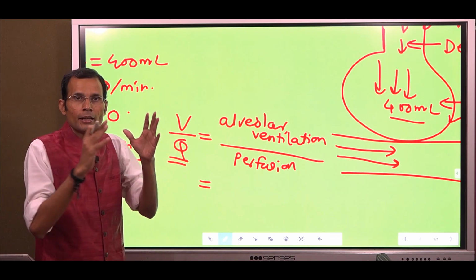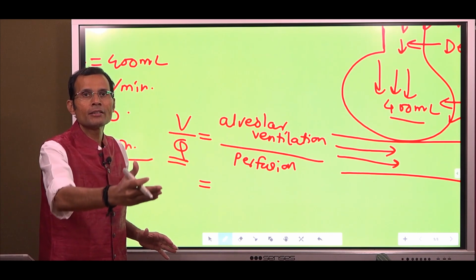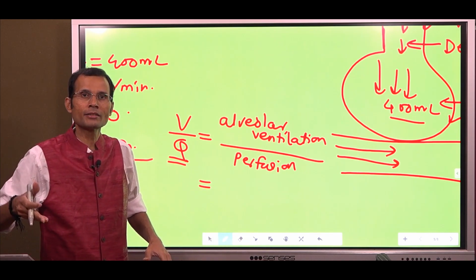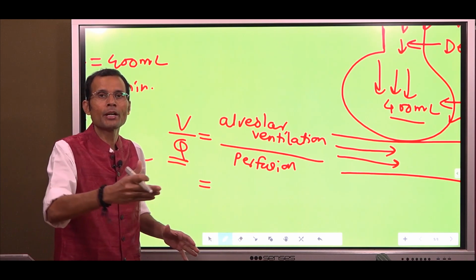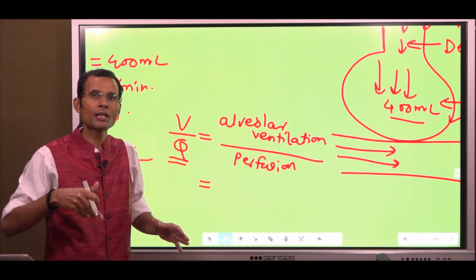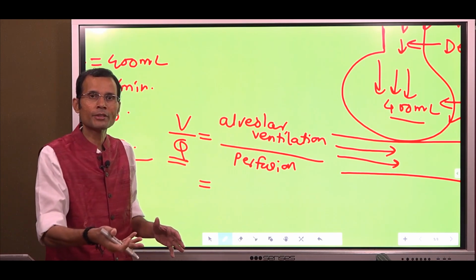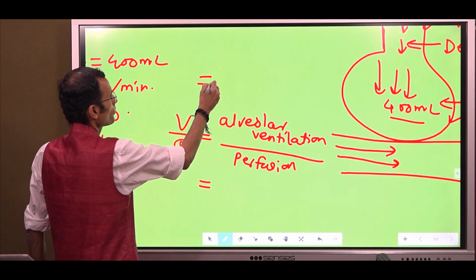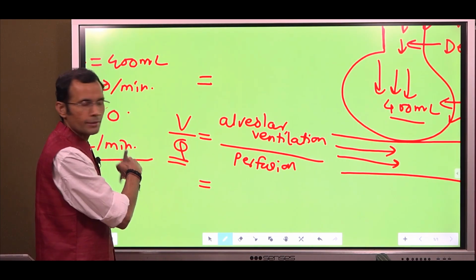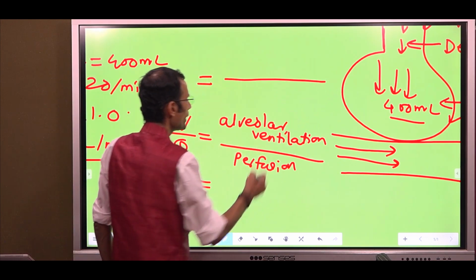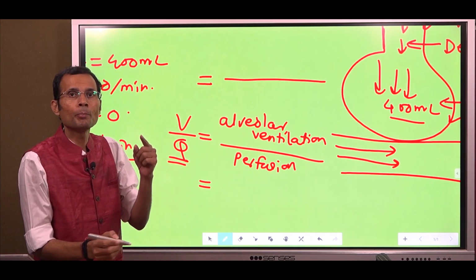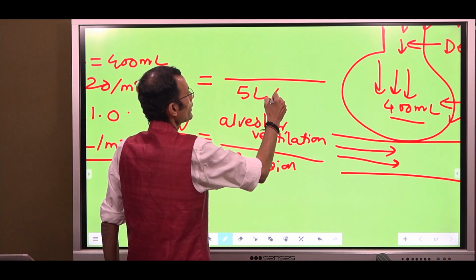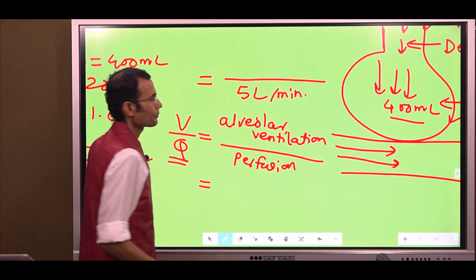So right ventricle ejects 5 liters per minute, and that much is the blood perfusion in the lungs. That blood ejected by the right ventricle will circulate through the lungs and come to the left side of the heart. That is every minute. So therefore cardiac output given in this data, 5 liters per minute, will be the blood perfusion in the lungs. Okay, 5 liters per minute.